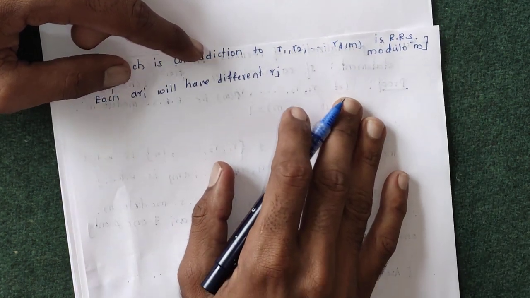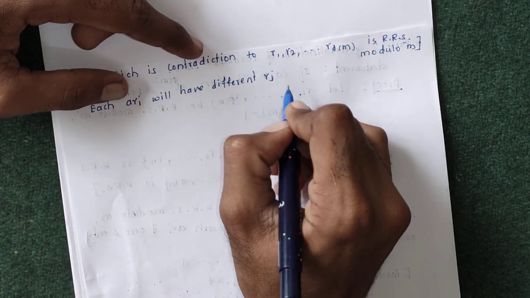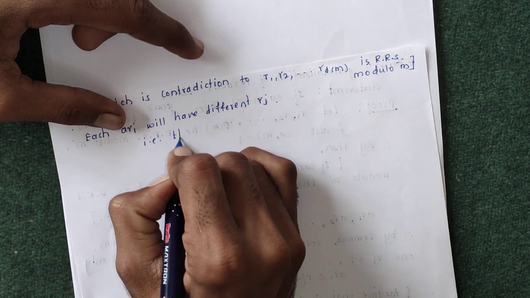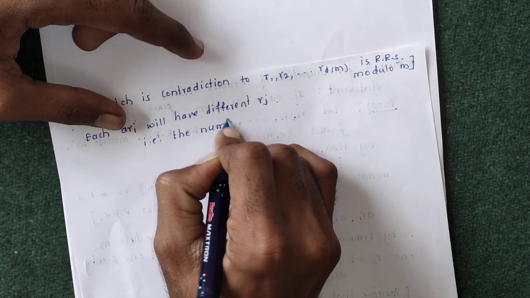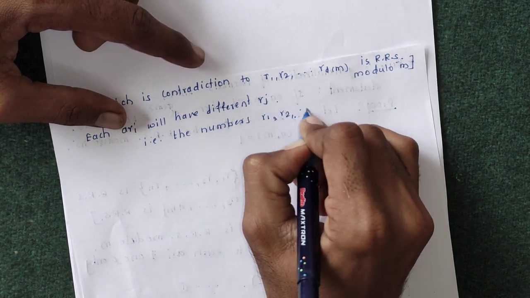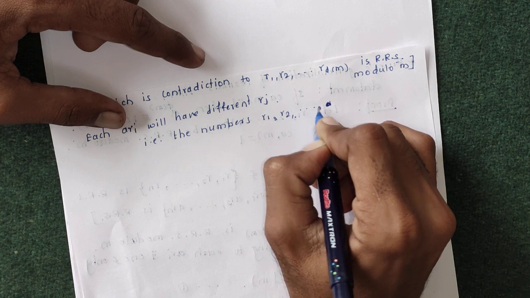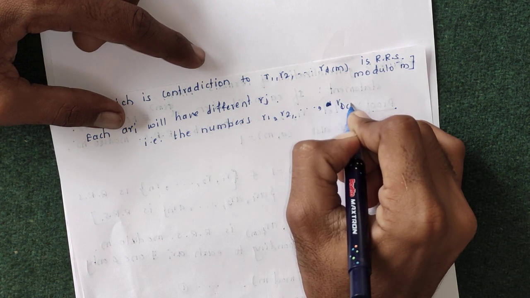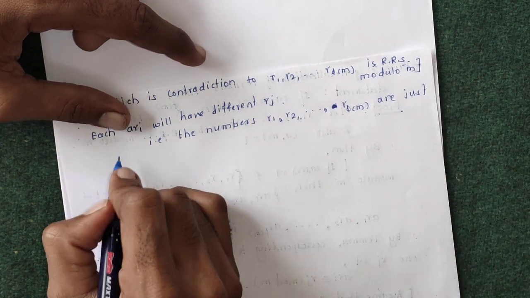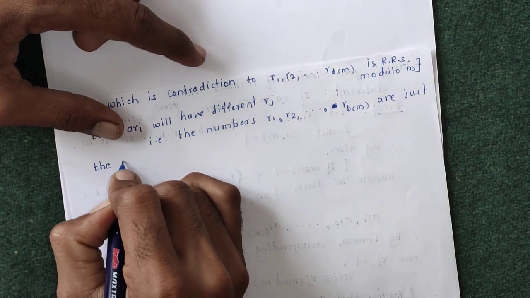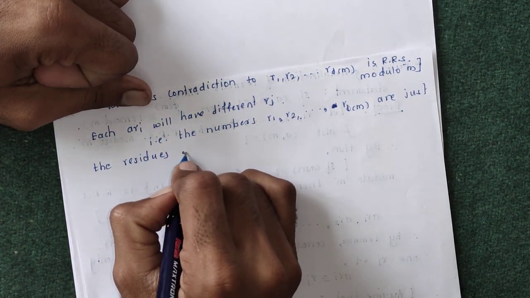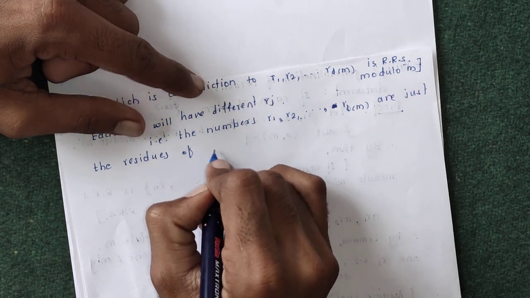Each i will have a different rj, that is the numbers r1, r2 up to r phi of m are just the residues of ar1, ar2 up to ar phi of m.